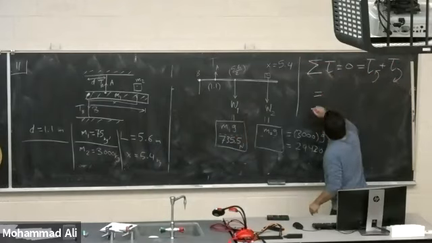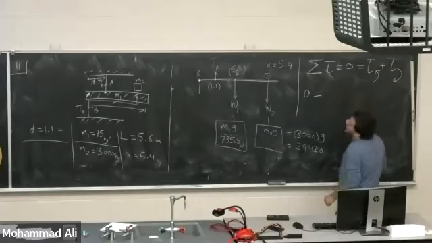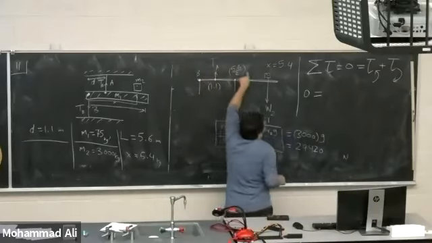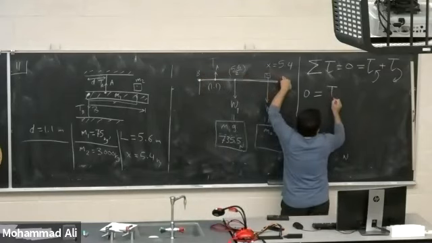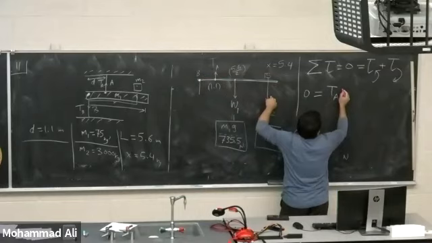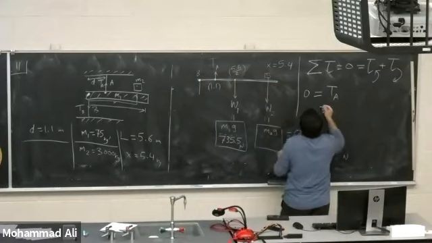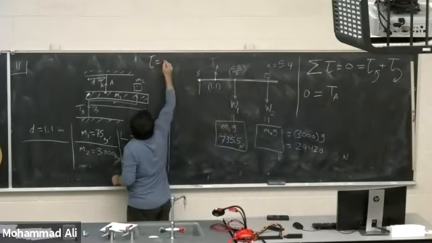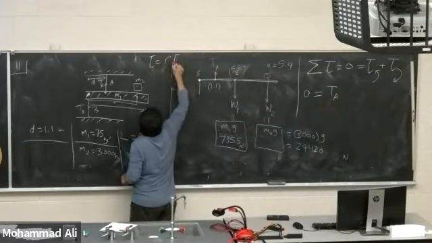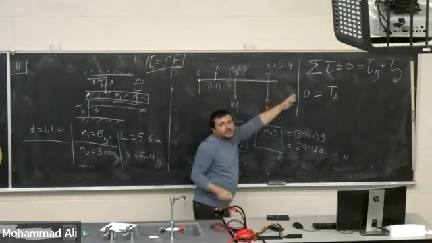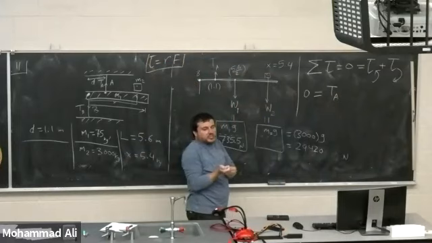The torque counterclockwise, we have just this one, which is TA multiplied by its radius. We know that the torque is equal to the radius multiplied by the force. And all the angles are 90 or 270.